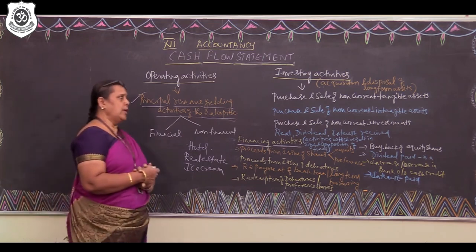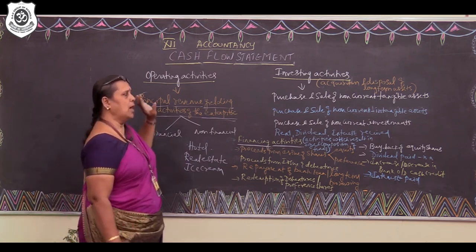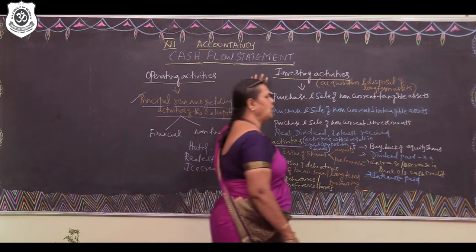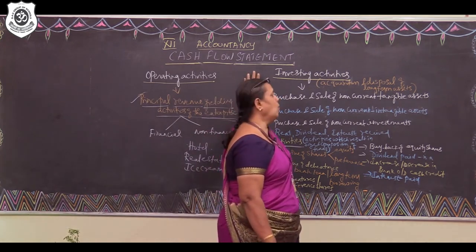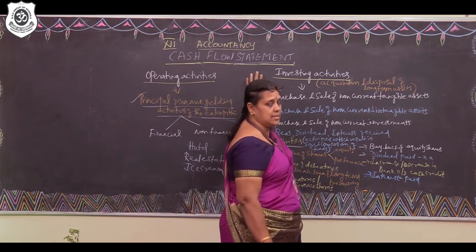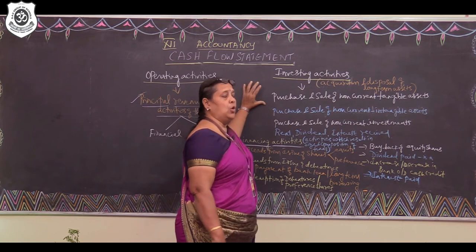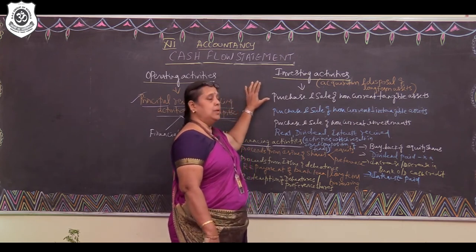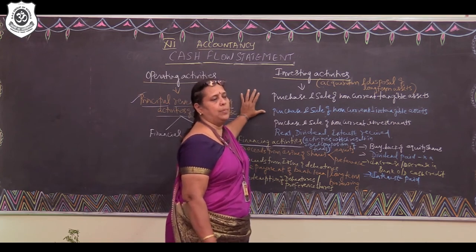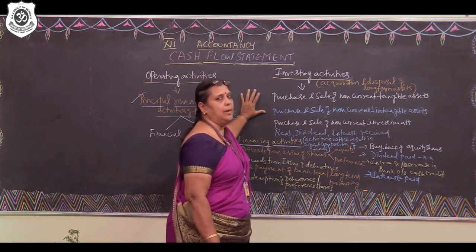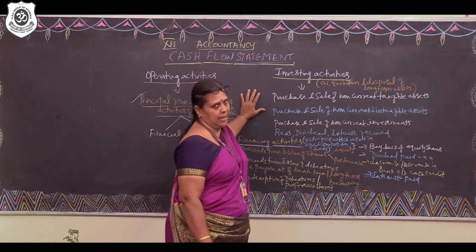So, now coming to the next one, investing activities. Investing activities are those activities which involve acquisition and disposal of long-term assets. Now, what are the investing activities? Examples of investing activities will be purchase and sale of non-current tangible assets. So, purchase and sale of fixed assets, land and machinery, land and buildings, furniture and fittings, etc. will be a part of investing activities.